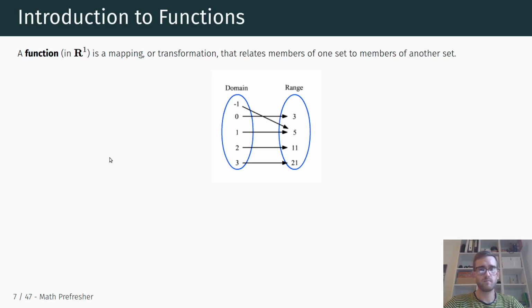In general, we will talk a lot about functions and expressions, and a function is always defined as a mapping or transformation that relates members of one set, the domain, to members of another set, which is usually called the range. So every mathematical function that we're talking about ultimately describes such a setting, and I'm going to show 2 examples in a second.